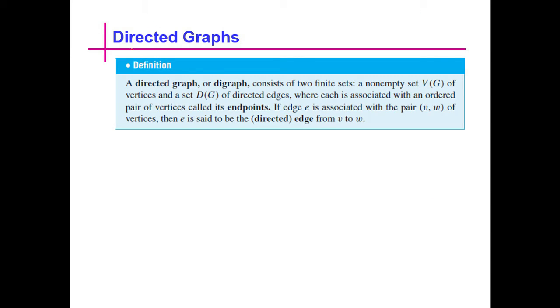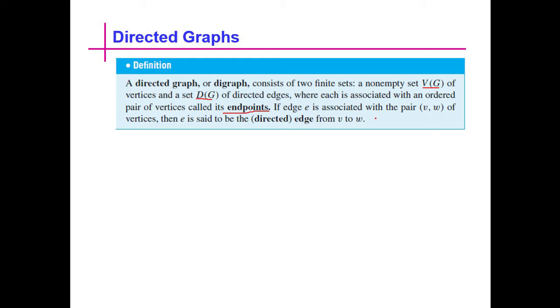Now we see the definition of a directed graph or digraph. A digraph consists of two finite sets, a non-empty set which is known as the set of vertices, and a set of directed edges, where each edge is associated with an ordered pair of vertices known as its endpoints.